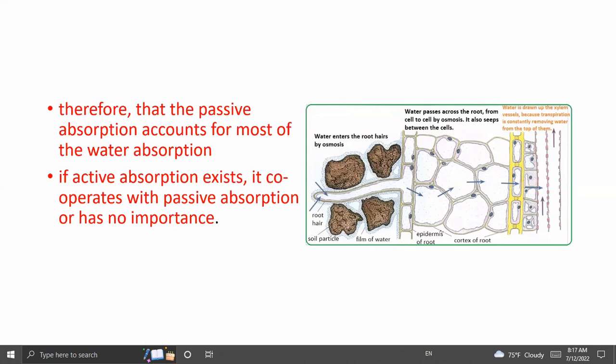Generally, active absorption contributes very little, but passive absorption contributes more. You have to keep in mind that active absorption is less compared to passive absorption. Therefore, the plants need energy always to take water because most of the absorption takes place by the passive method.